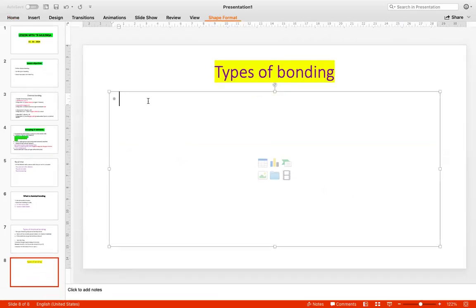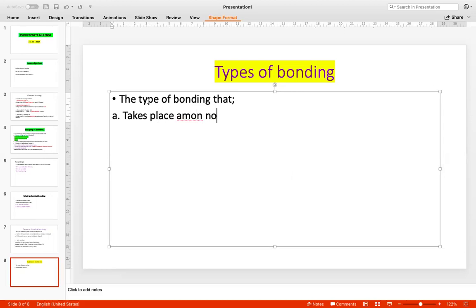It's quite simple. It is a type of bonding that takes place among non-metals. So in covalent bonding, we only need non-metals.